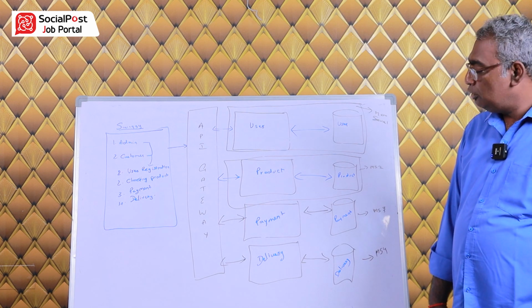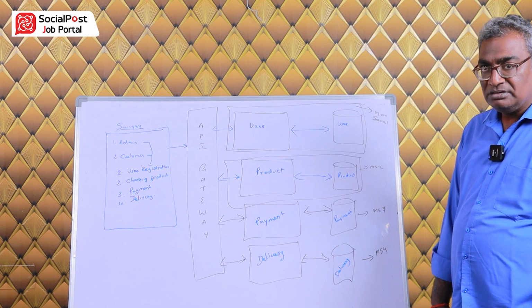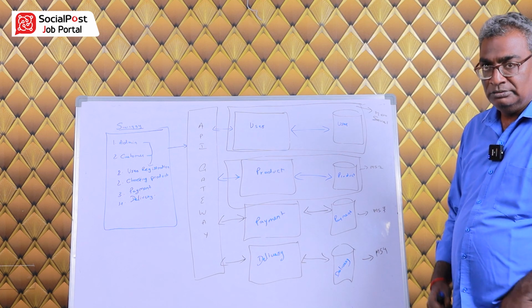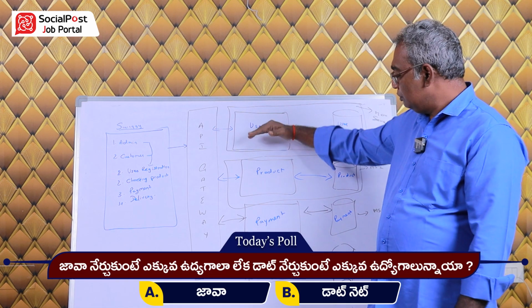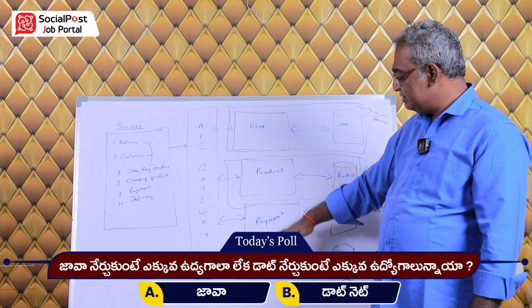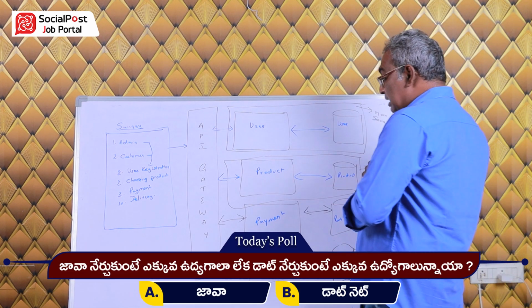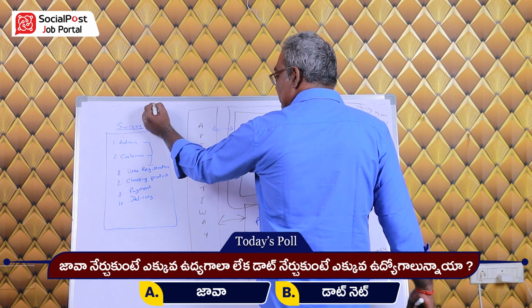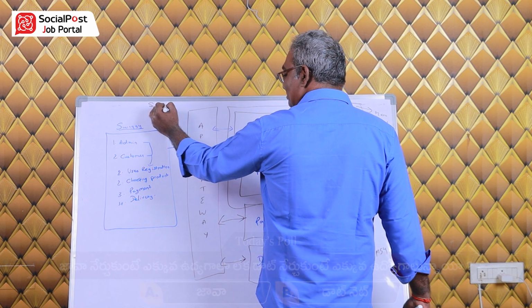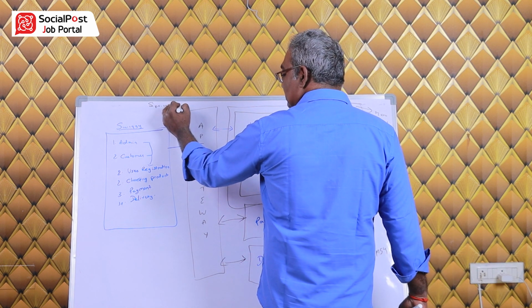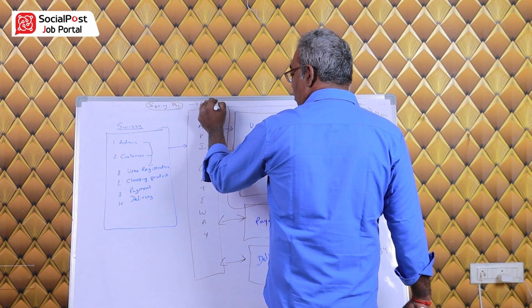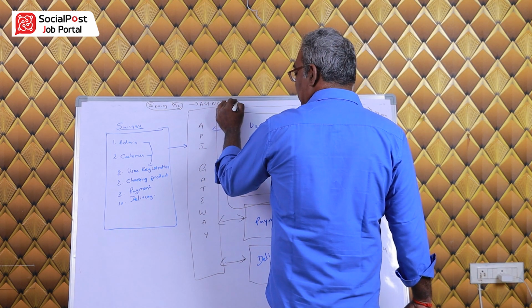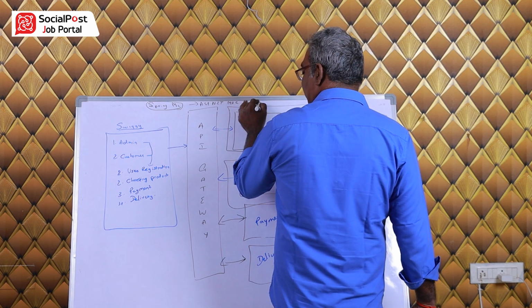Okay. Sir, in .NET, can we use microservices? Yes, you can do. With the help of ASP.NET MVC Core Web API, you can create independent microservices. People talk about Java microservices, Spring Boot microservices. Similarly, in ASP.NET MVC Core, we can build microservices.